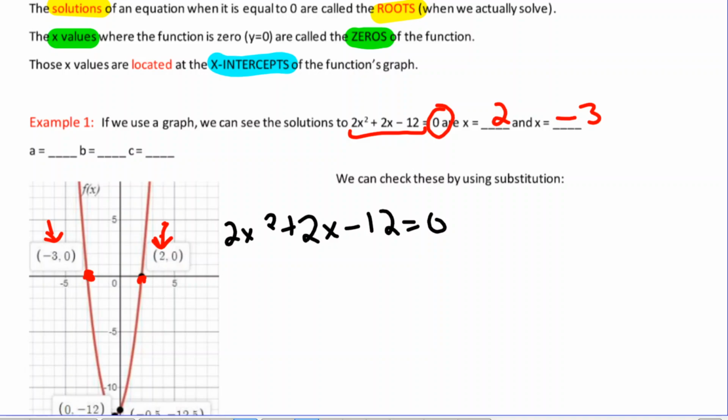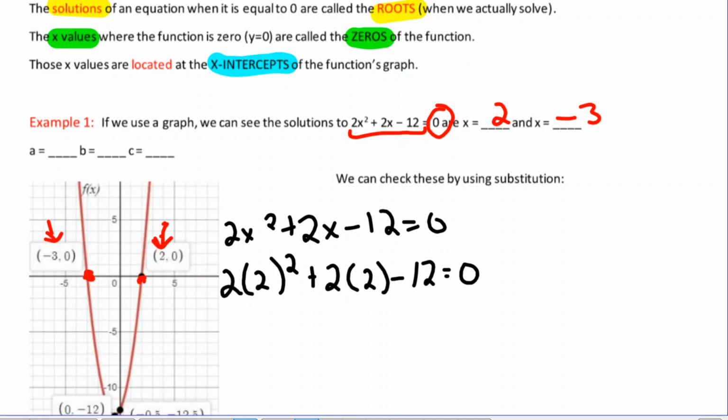So my solutions are x values. So in place of x, I'm going to start with the 2. I'm going to plug in 2 for each of my x's. I'm going to start to simplify the left side here. I want to make sure that these two sides really are equivalent. So I want to see, is this left side actually 0 once I get through all the math?